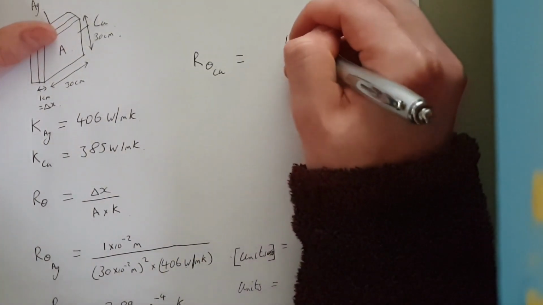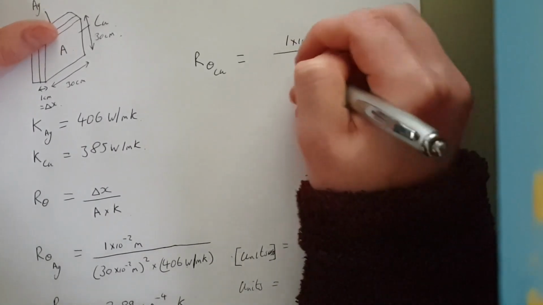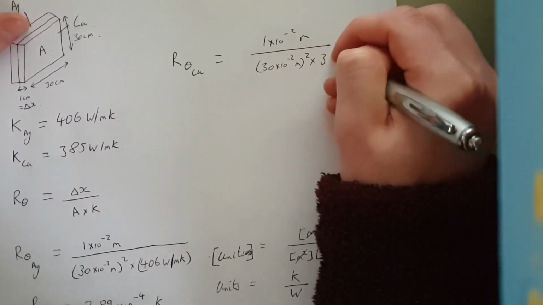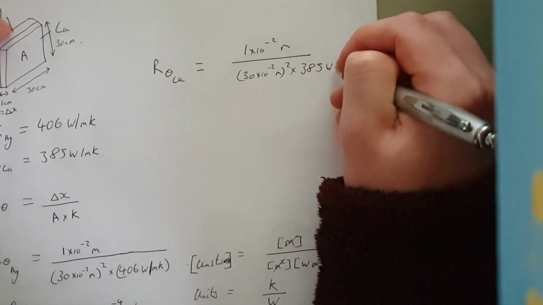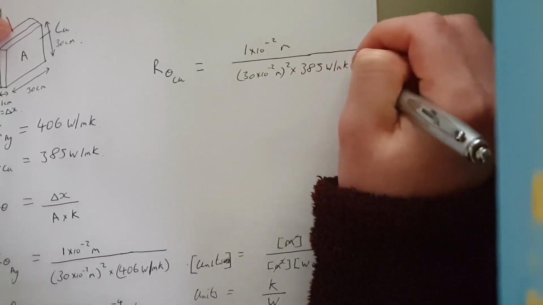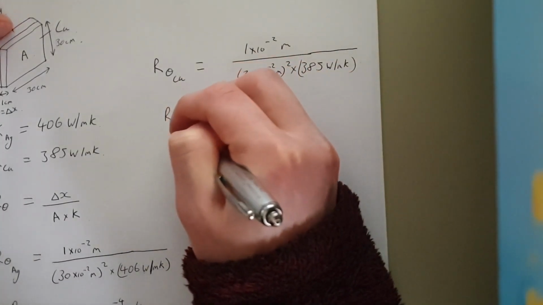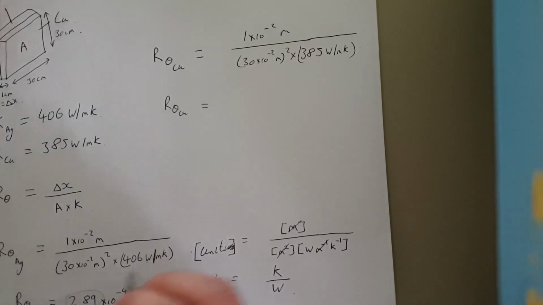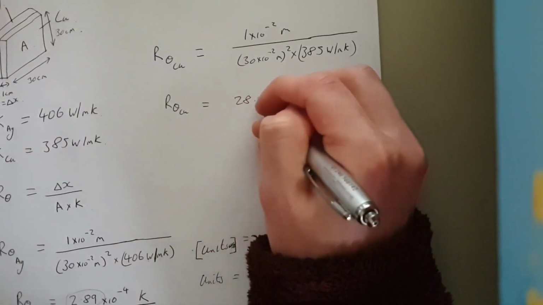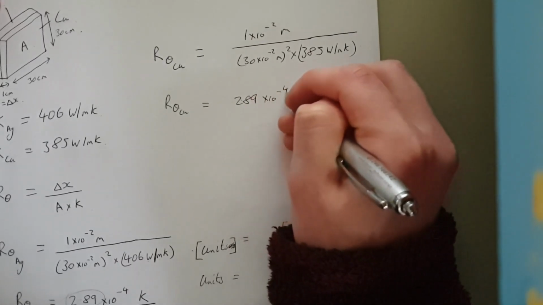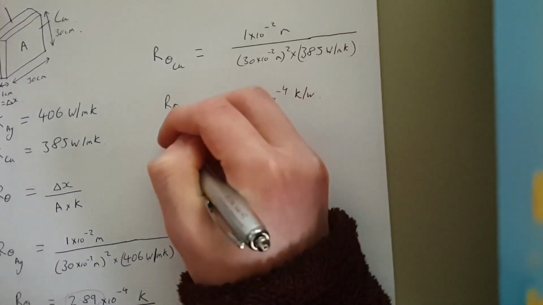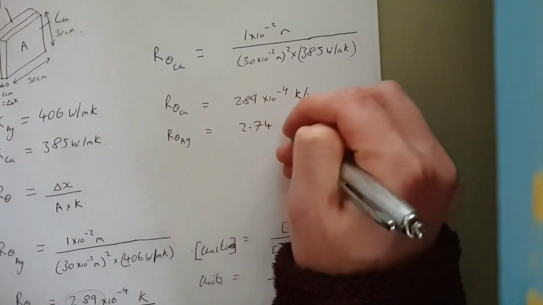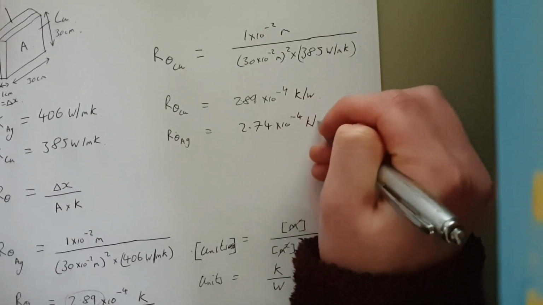So we can say that's 1 times 10 to the minus 2 meters over 30 times 10 to the minus 2 meters all squared times 385 watts per meter Kelvin, which is our theta Cu is then equal to, I did calculate this, oh sorry, this was actually for copper, so this was actually 2.89 times 10 to the minus 4 Kelvin per watt, and our theta for Ag was 2.74 times 10 to the minus 4 Kelvin per watt.